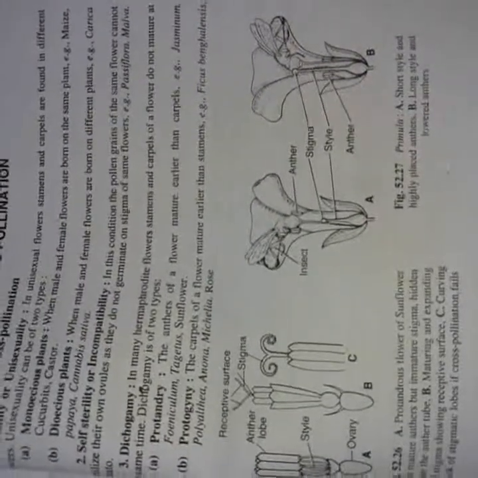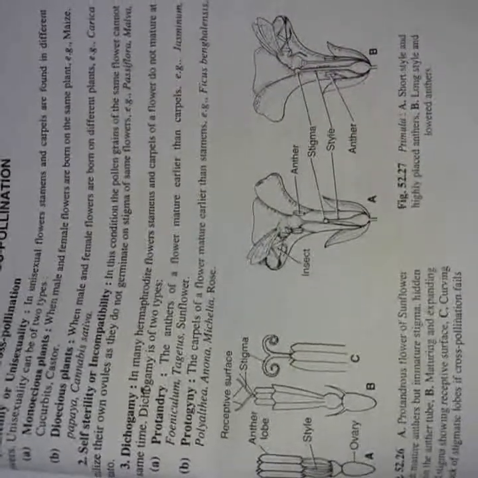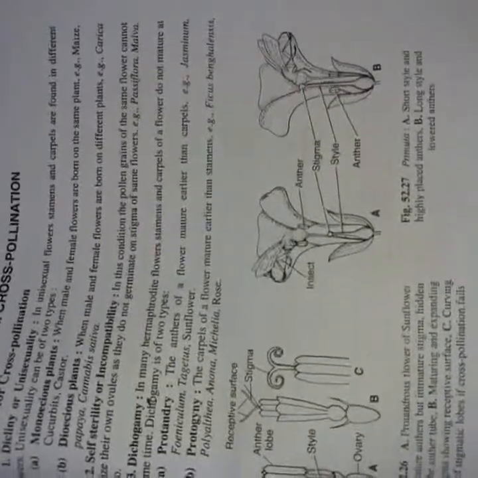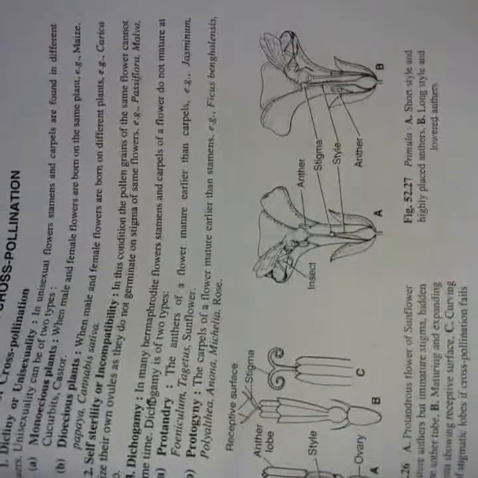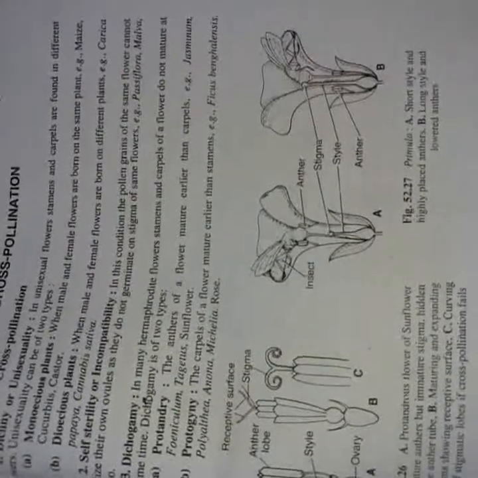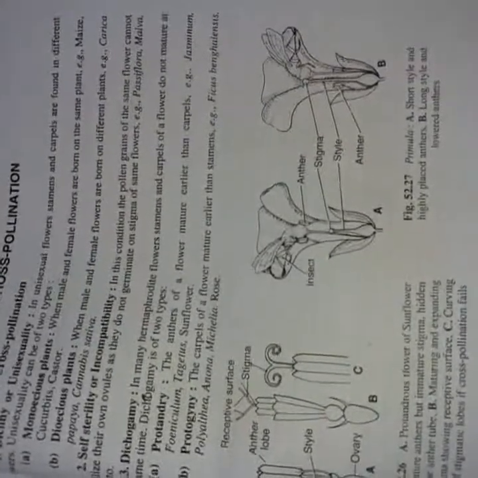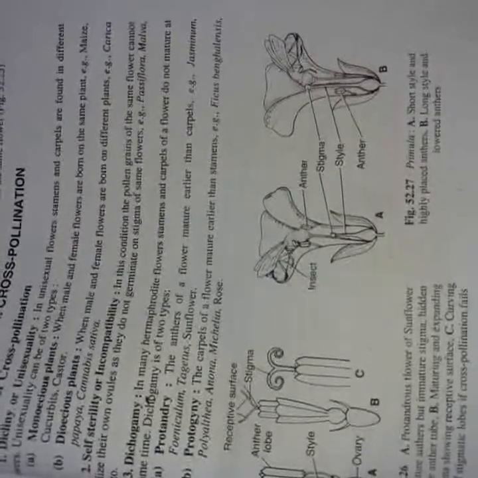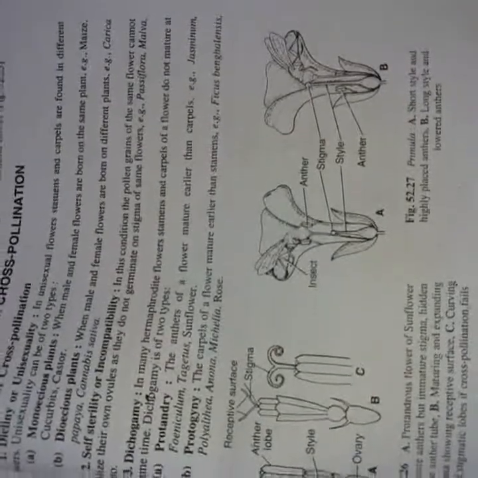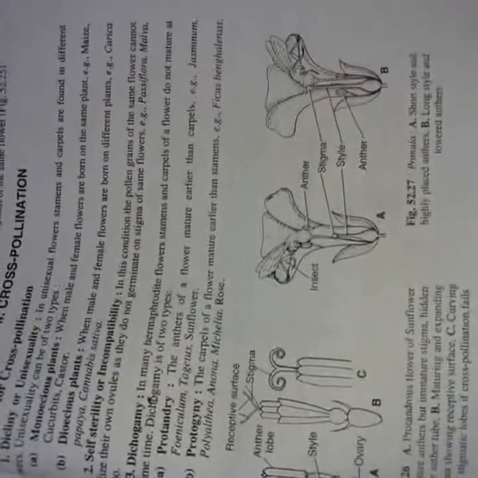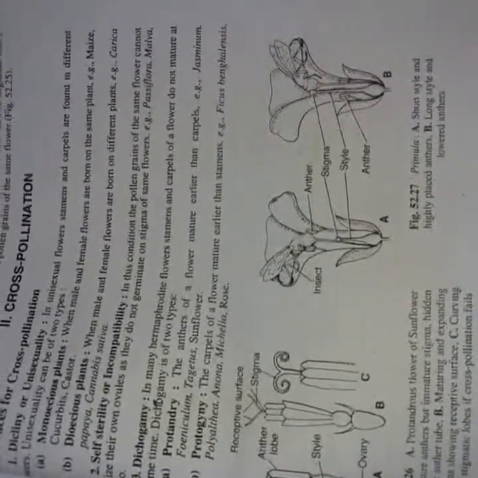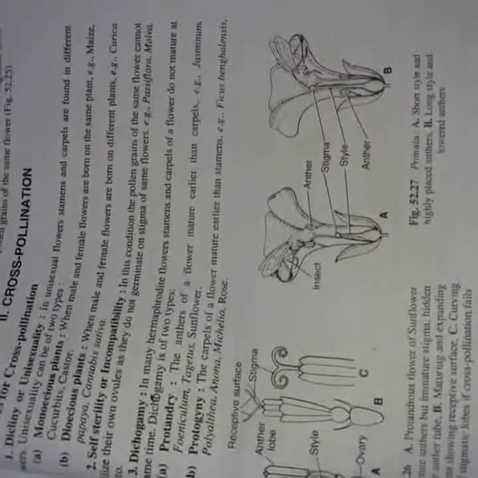Dichogamy is of two types, protandry and protogyny. Protandry means the anther of a flower matures earlier than the carpel, and protogyny means the carpel of a flower matures earlier than the stamen. In jasmine, marigolds and sunflowers, the protandry process is present.